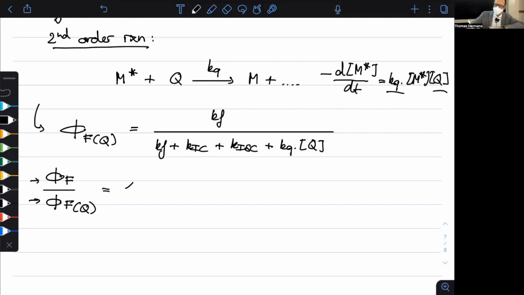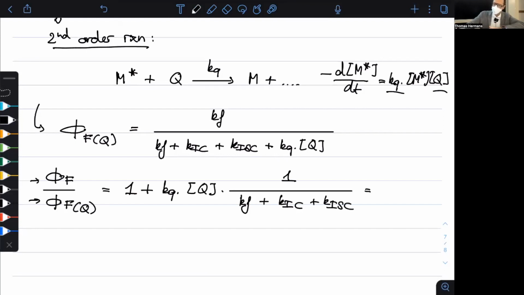And basically, you can derive, I'm not going to do the whole derivation, that it's this plus KIC plus K intersystem crossing, and this whole thing is 1 plus KQ times tau times Q. And these two things together are called the Stern-Volmer constant.